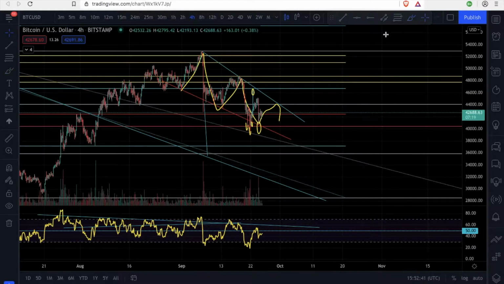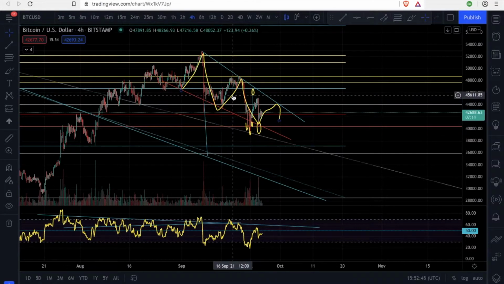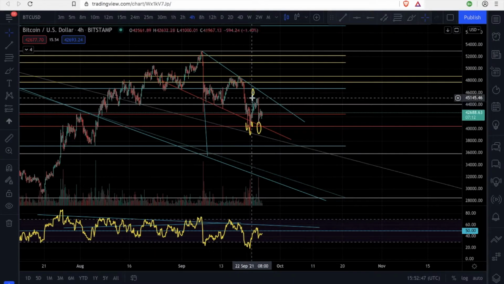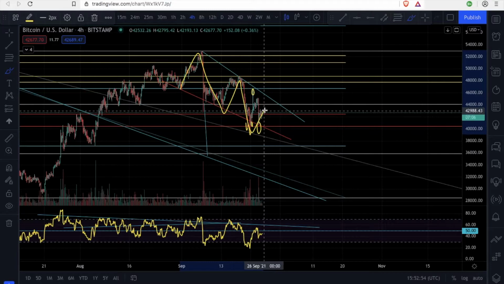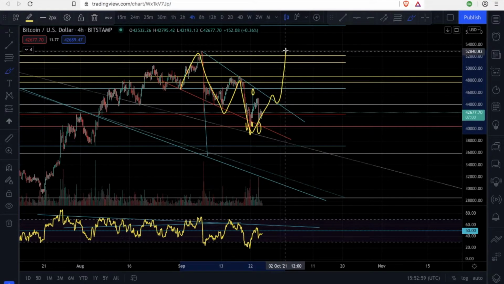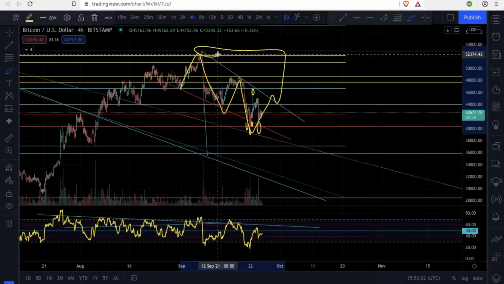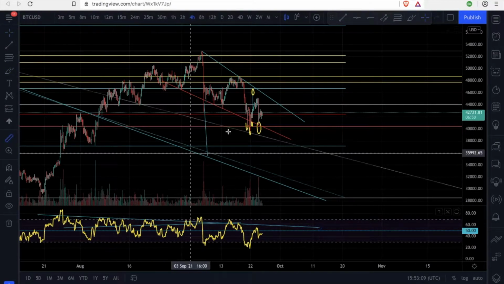So right now this is a falling wedge. The Bitcoin price is following this falling wedge, and the price target for this falling wedge in case of a bullish breakout is around the $53,000 level, which is a large percentage gain if you trade that.